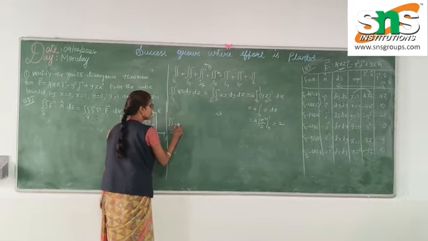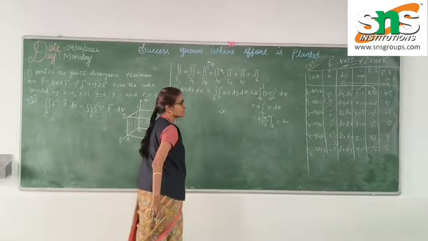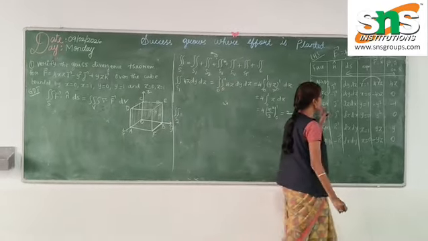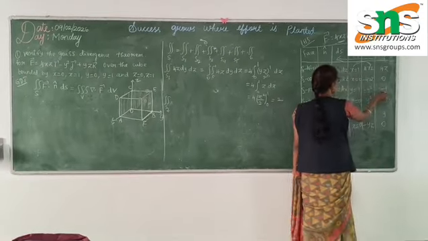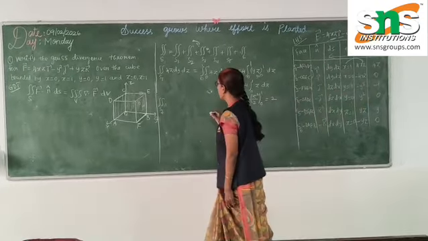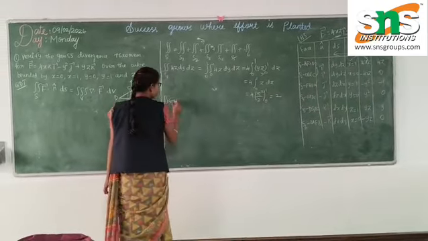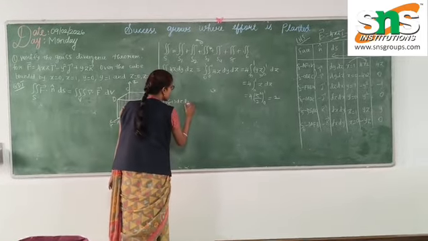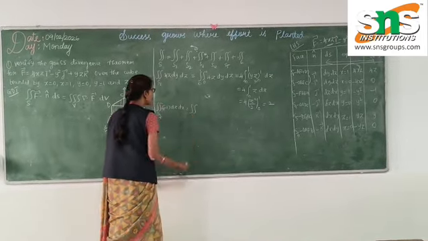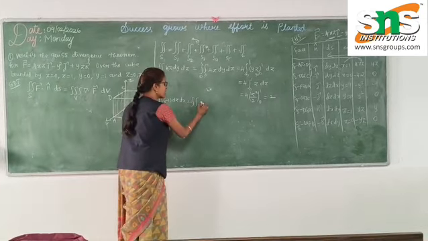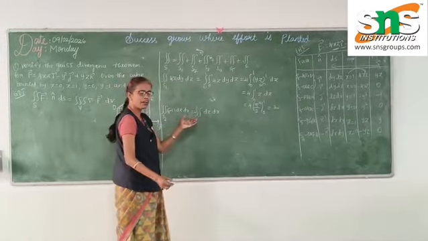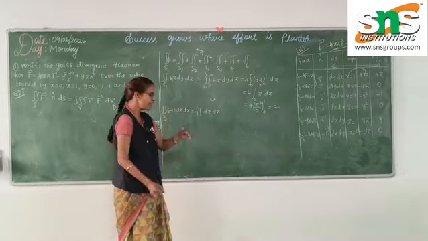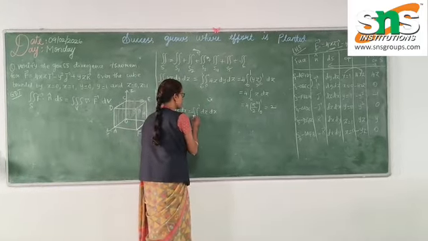Now S3. We will combine the first and last column. It is minus 1 into dz dx. That is for S3. In the double integral, just take the minus outside, and the remaining is dz dx. Because all 3 limits are the same, just take 0 to 1, 0 to 1.